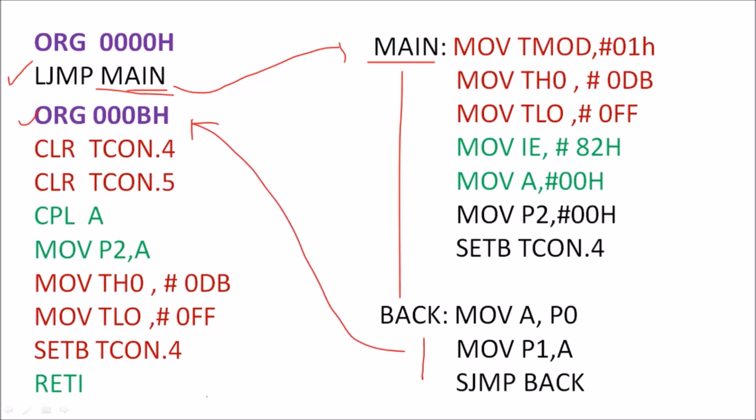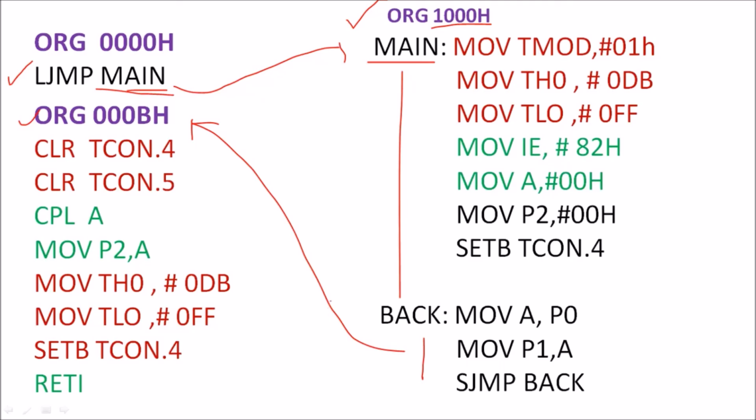This main label program we can write after writing this ISR routine, or you can mention the ORG assembler directive for the main program also. I have written address 1000H here, so there won't be any overlapping between the ISR routine program and our main program, or you can give this choice to the microcontroller: just write the main program after completing the ISR program.